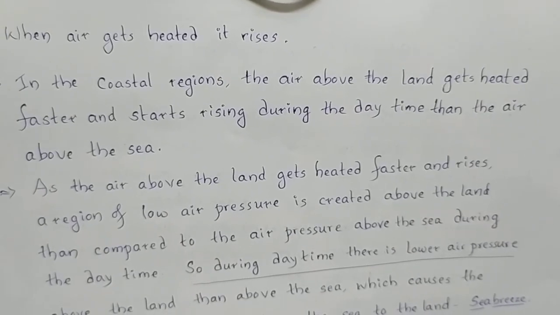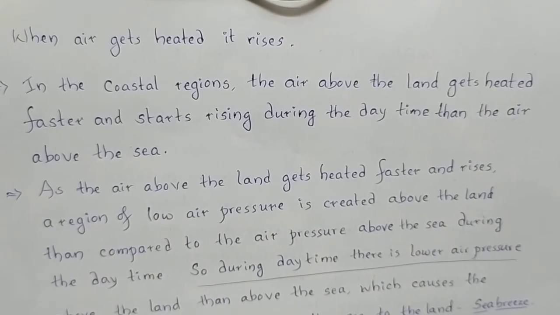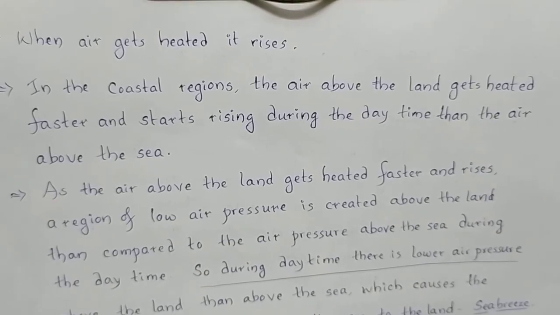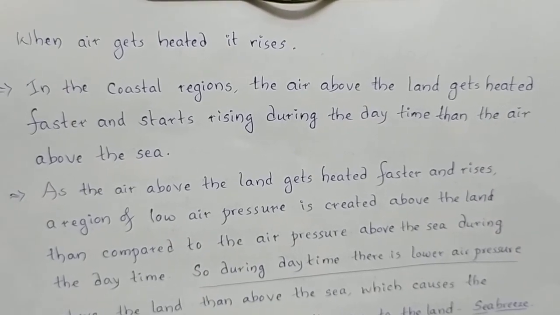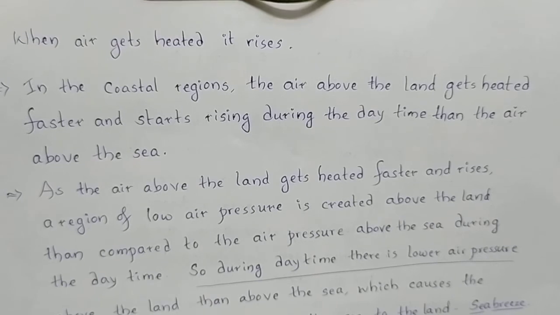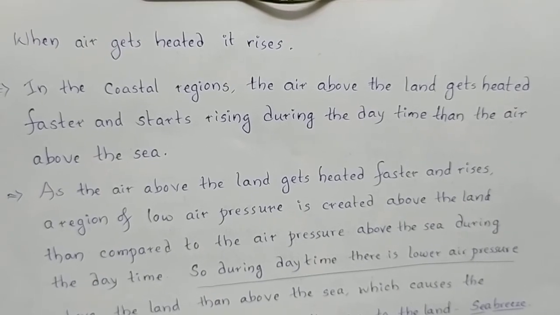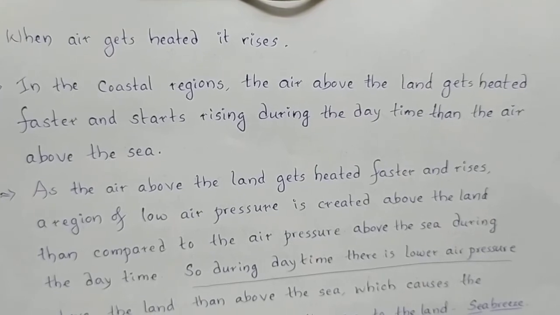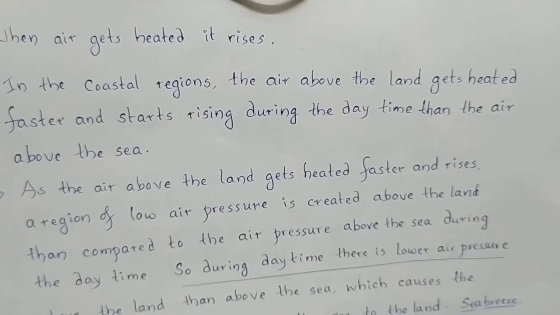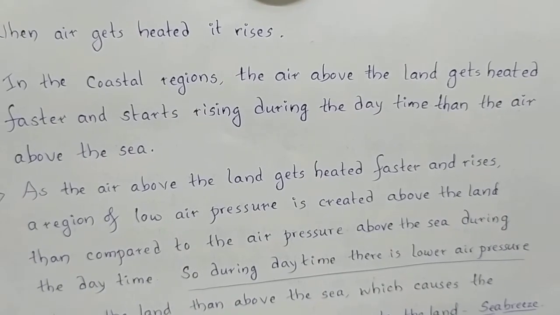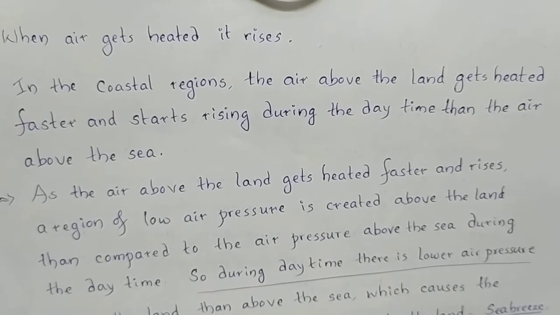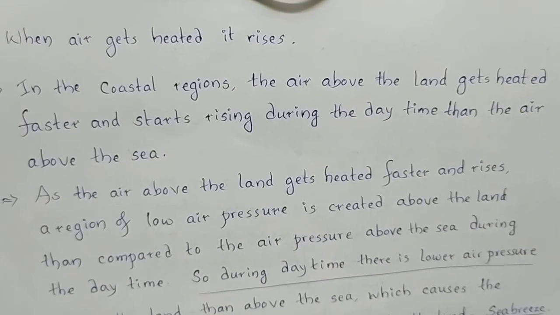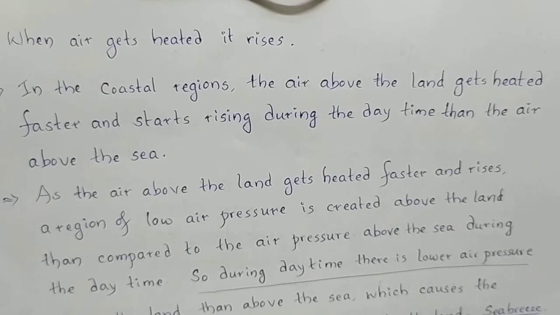In the coastal regions, meaning the region which has a sea coast, that is what is called coastal regions. In the coastal regions, the air above the land gets heated faster and starts rising during the daytime than the air above the sea.